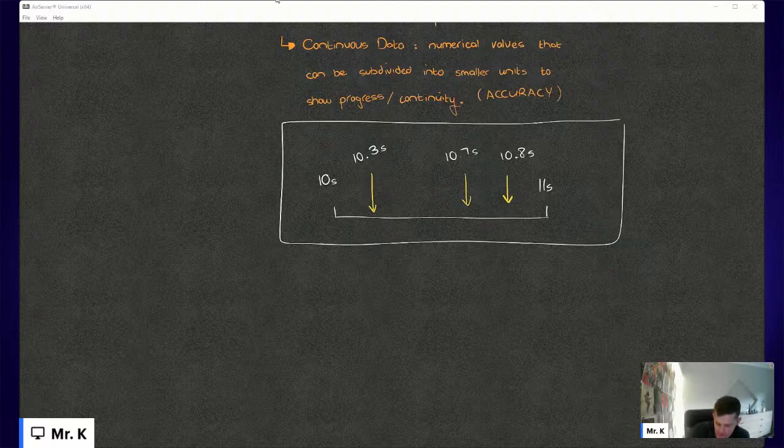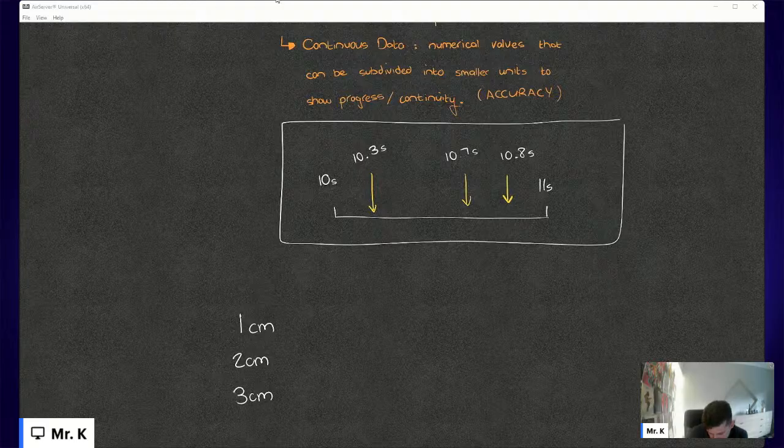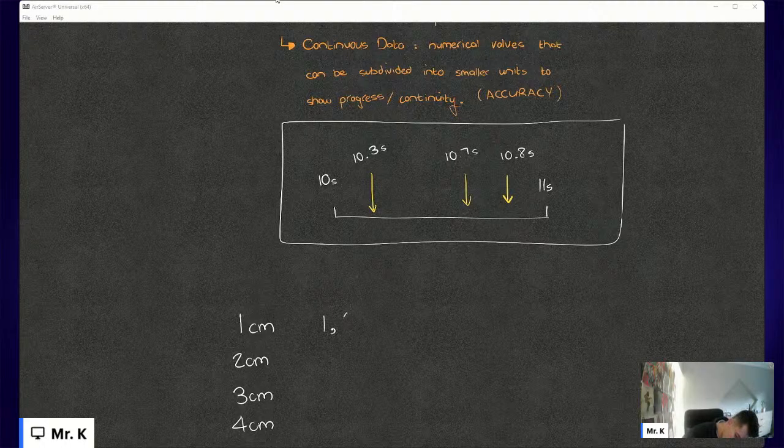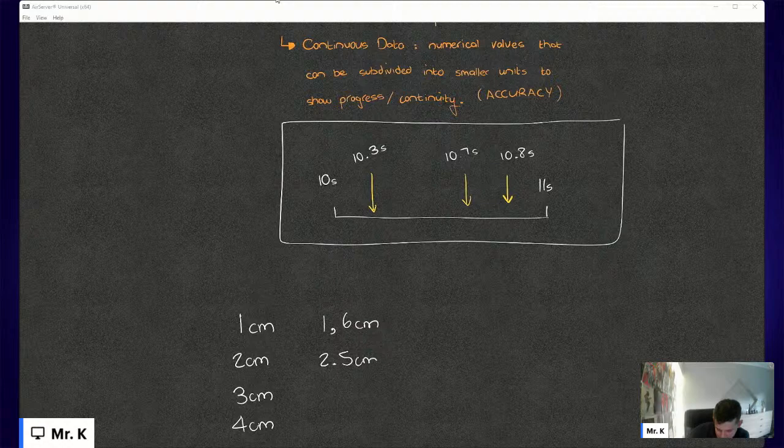Can you imagine I could only work with 1 centimeter, 2 centimeters, 3 centimeters, 4 centimeters, instead of being able to use 1.6 centimeters and 2.5 centimeters? The reason why buildings and stuff can be so efficient, effective, and accurate is because of our ability to break values down like this.